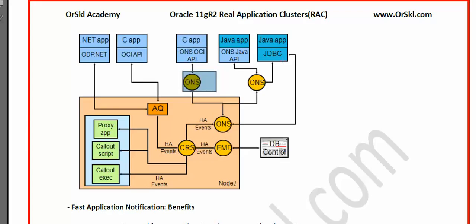So it is definitely up to your application developers; if they are closely working on Oracle software, they will understand that if they want FAN, they will develop the application so that they can have ONS configured on the application server as well. So ONS on the database server will communicate with ONS on the application server, then ONS will take care of re-establishing the connection automatically at the backend. So it is basically supported like this.